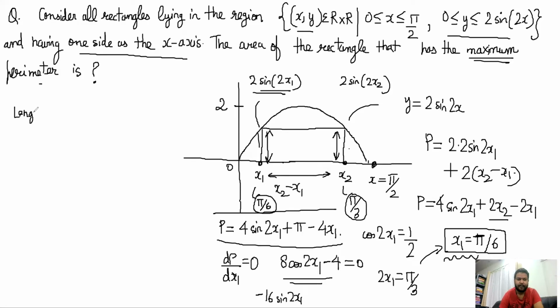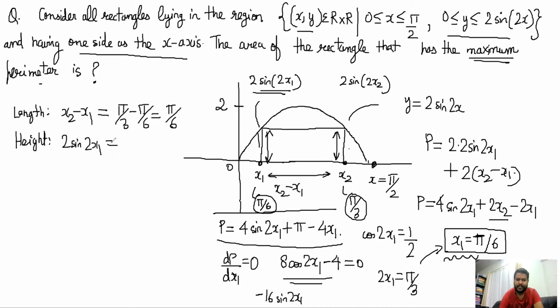Length becomes x2 minus x1, which is pi by 3 minus pi by 6, equal to pi by 6, and height becomes 2 sine 2x1, which is equal to 2 sine pi by 3, which is equal to root 3. So the area of this rectangle becomes simply length into height, which is pi by 6 into root 3, which is equal to pi root 3 by 6.